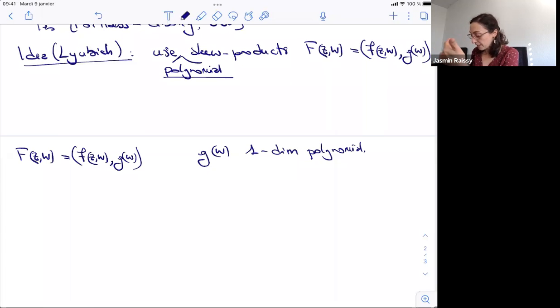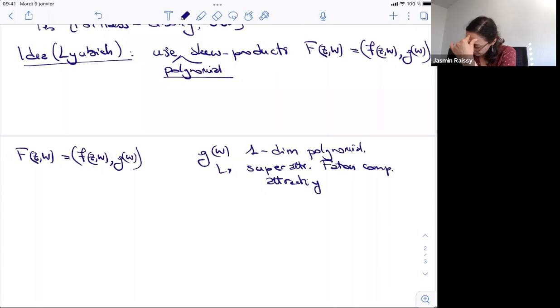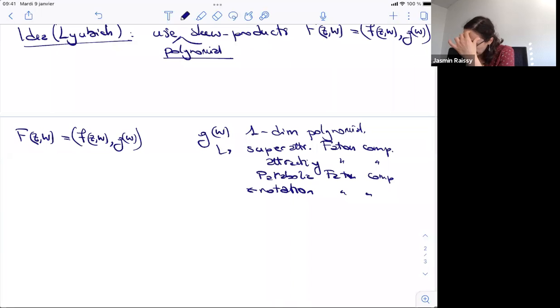The Fatou components that it can have are not arbitrary. It can have a super attracting component, an attracting one, a parabolic one, or a rotation one. And in this case, I will only have Siegel disks.